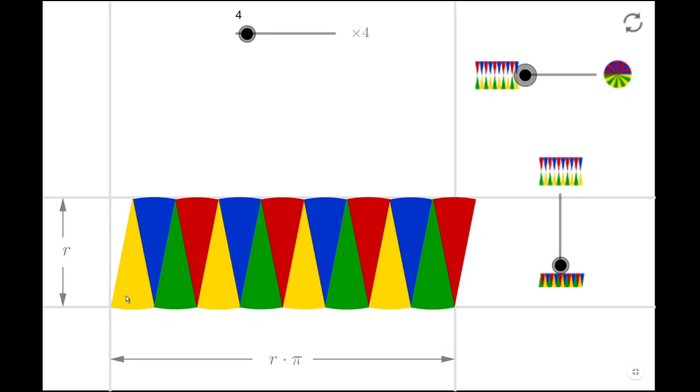We studied that. So the height is radius, and the base is pi r, so the area of the parallelogram is base into height, that is pi r into r, which is pi r square.